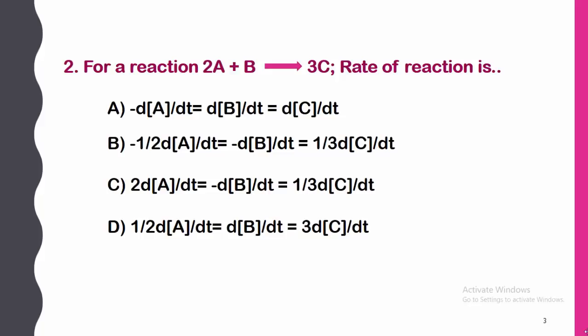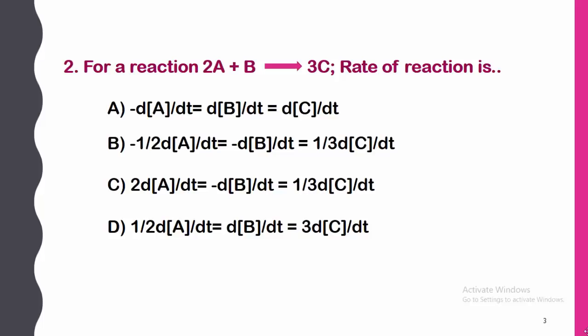B, minus half dA upon dt equals minus dB upon dt equals 1/3 dC upon dt. Option C, minus 2 dA upon dt equals minus dB upon dt equals 1/3 dC upon dt. And option D, minus 1/2 dA upon dt equals dB upon dt equals 3 dC upon dt.